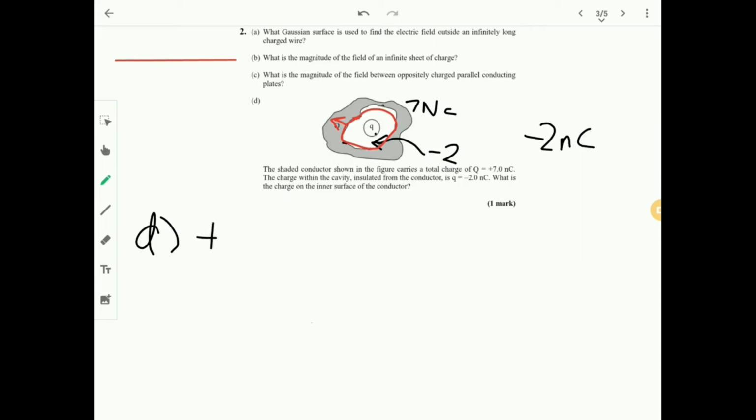So basically you will have plus 2 nanocoulombs on the inner surface, the red surface. Why? Because when I put minus 2 worth of electrons, the same number of electrons will be repelled, leaving plus 2 nanocoulombs worth of protons left here. So we'll have a positive charge. And that's numbers 1 and 2 done.